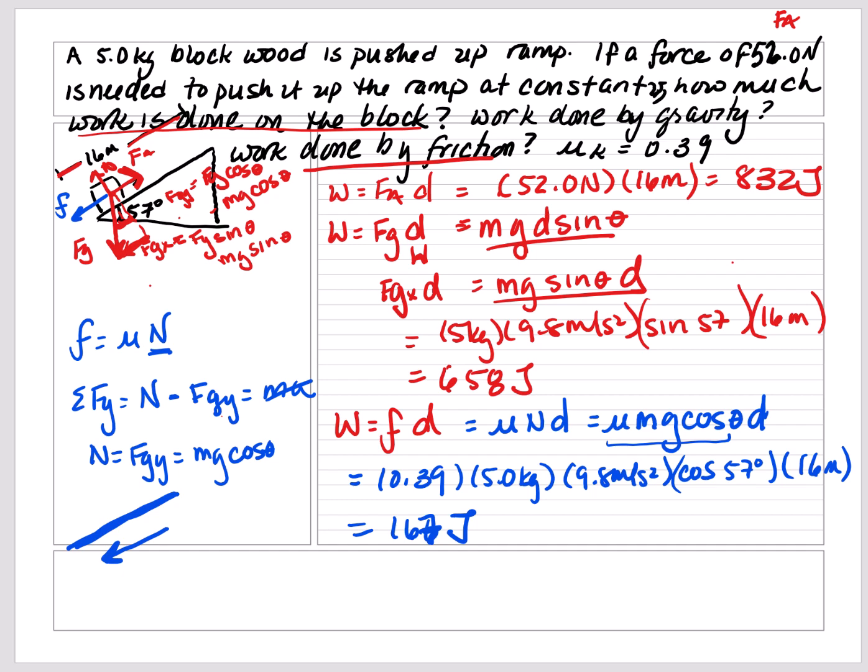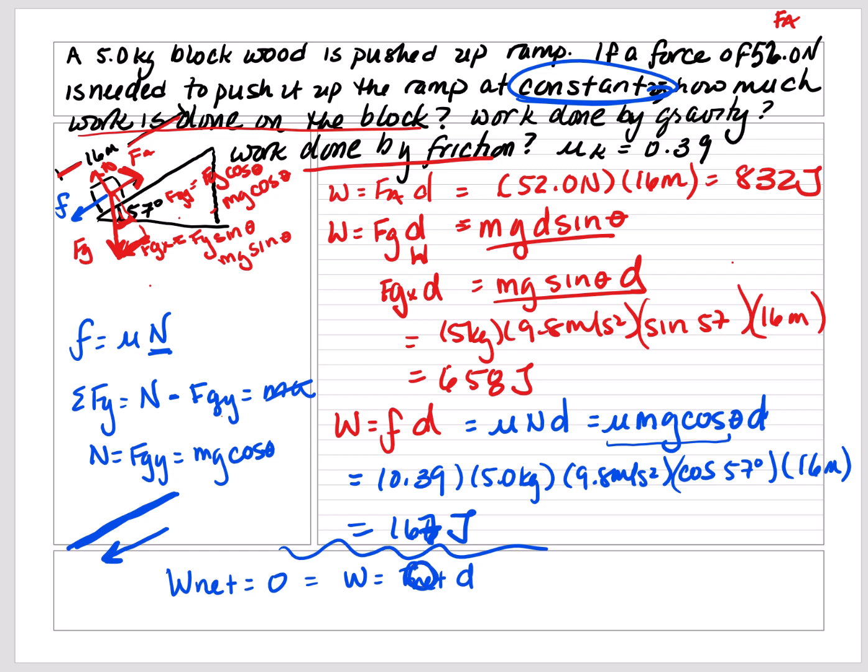The other way I could have done this a little bit easier is, I know my work net has to equal 0. Why? It's traveling at a constant velocity. If it's traveling at a constant velocity, we know that work is equal to force net times displacement. So that means at constant velocity, my F net has to be 0.